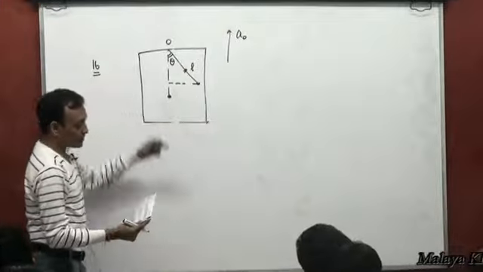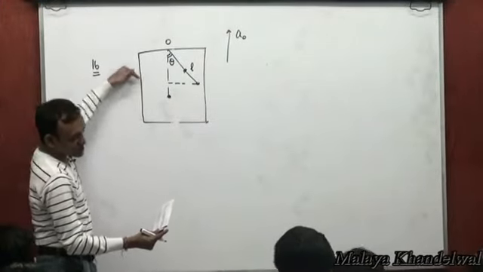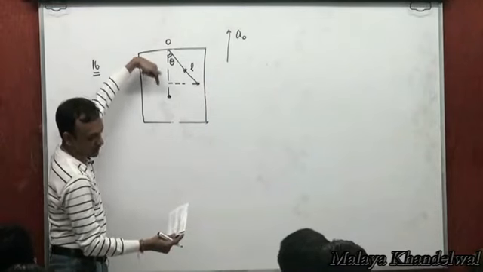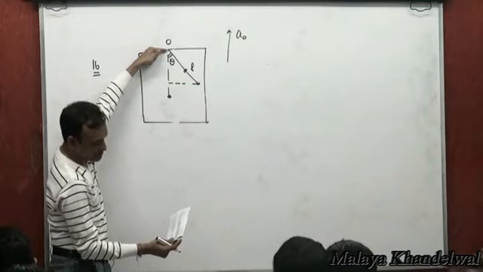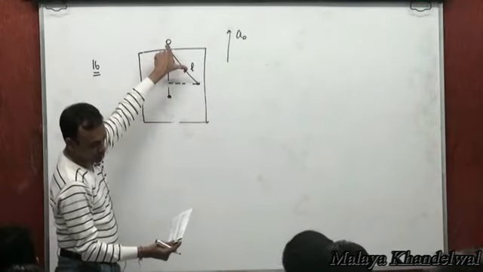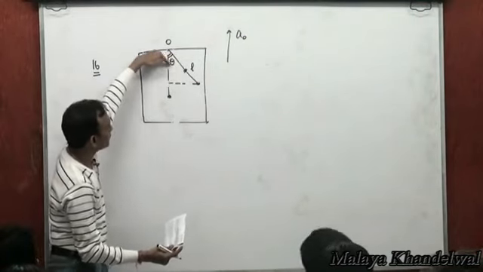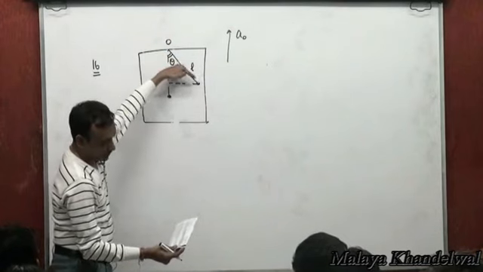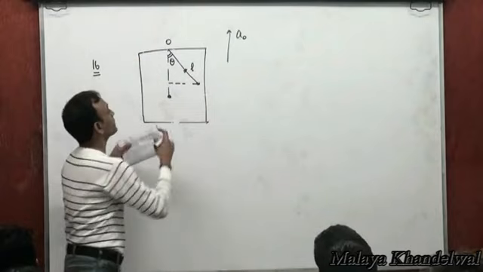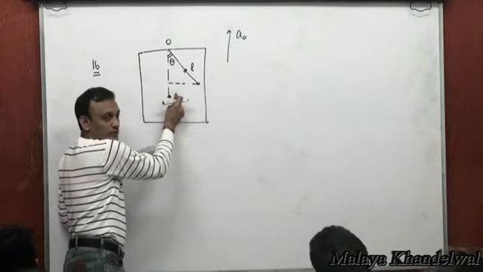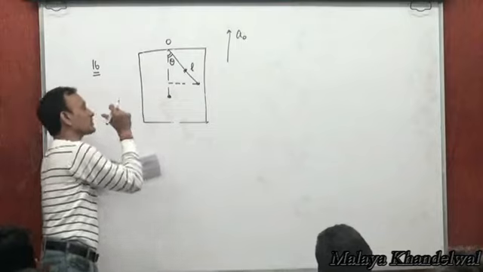Alright. So we have this cabin moving upwards with an acceleration a naught, and then there is a string connecting it to the ceiling of the cabin, and this particle is taken to a position. So I said this string makes an angle theta with the vertical. Find the tension in the string when the string becomes vertical. That means in this position, when the string becomes this way, find the tension in the string.